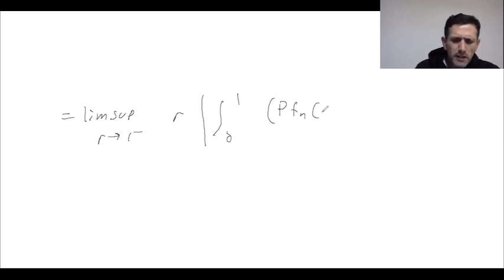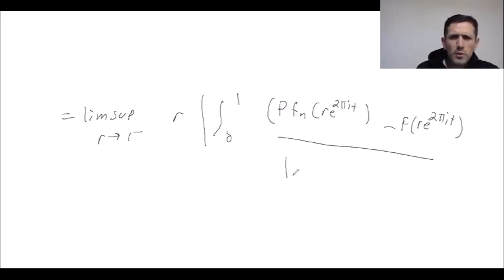So it's Pfn of u, where u is r e^(2 pi i t), minus F of r e^(2 pi i t), over u minus z.